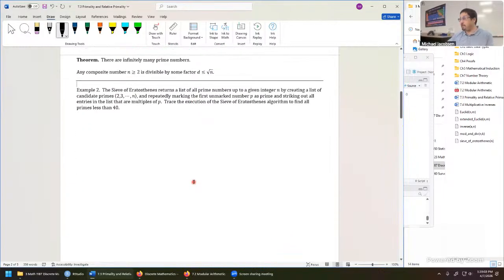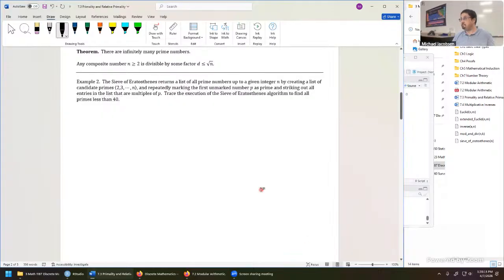Well, we'll give that sieve a try by tracing it out to see how it runs. But any questions at the moment before we get started? Okay, after this topic, we're going to look into relative primality and get into the extended Euclidean algorithm. But let's start this out.